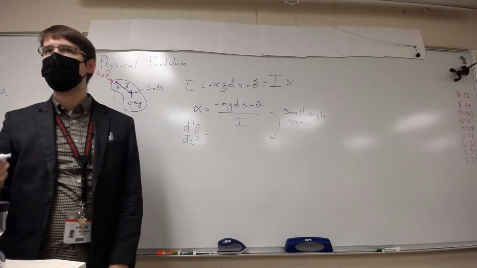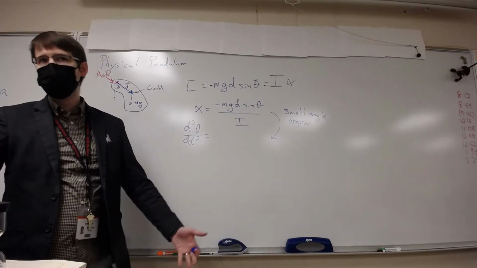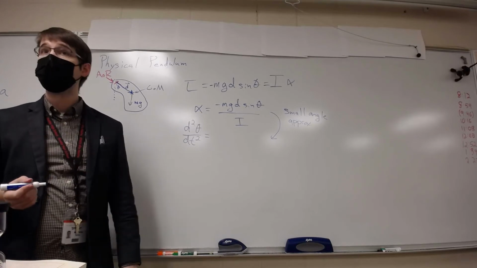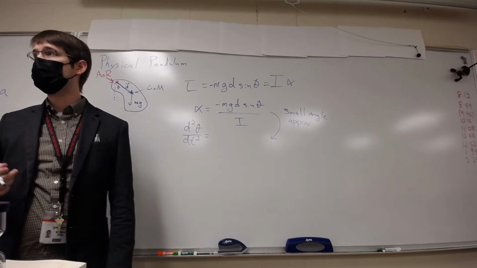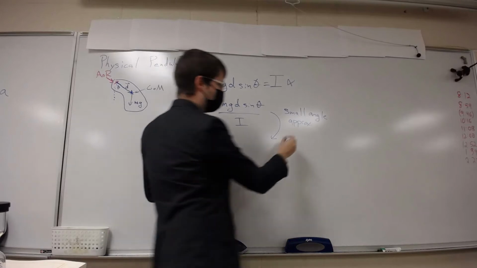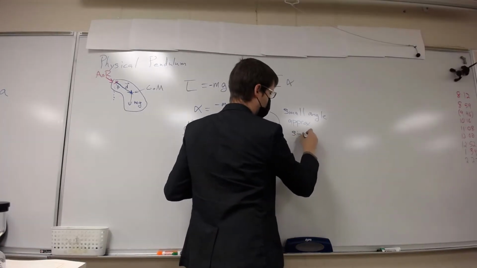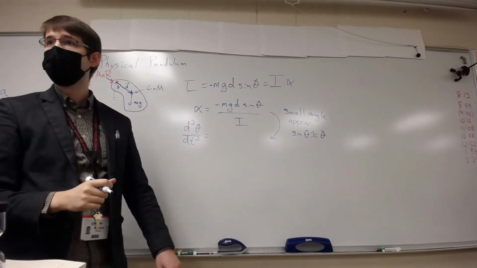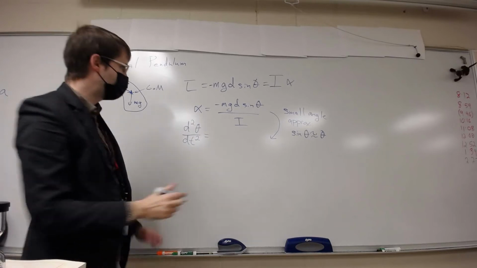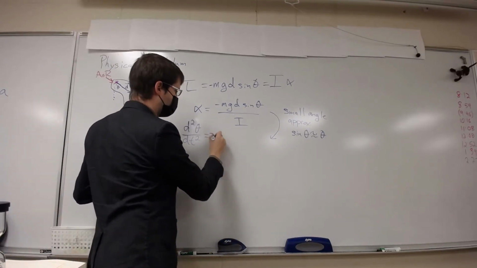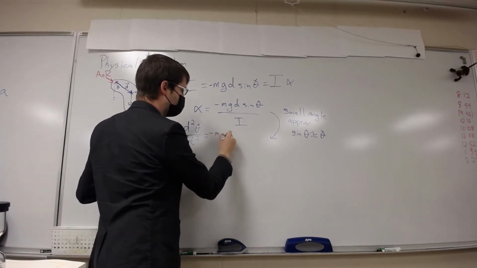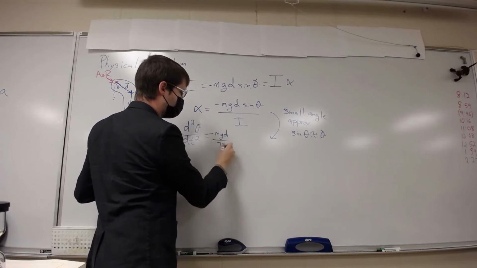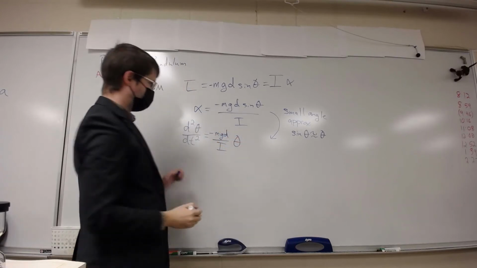Remember, for this one, we said that sine theta is pretty much equal to theta as long as we're in radians and as long as the angle is small. And so sine theta we're going to replace with just theta from this step to the next step. Okay? So that's all we're doing on the right-hand side. We get then here minus mg d over I times theta.